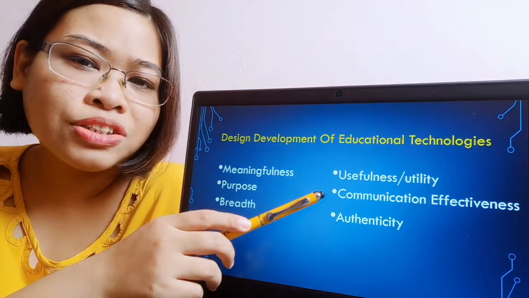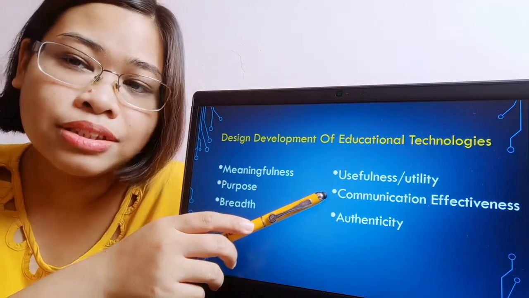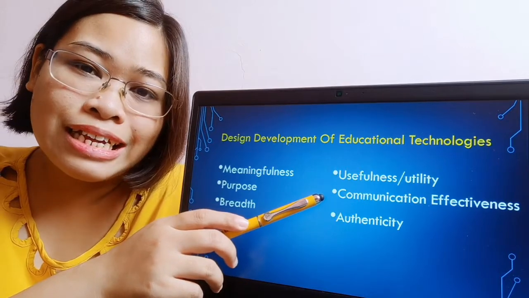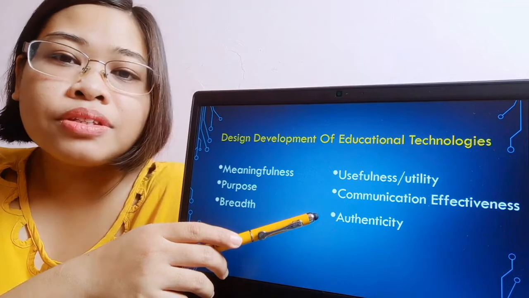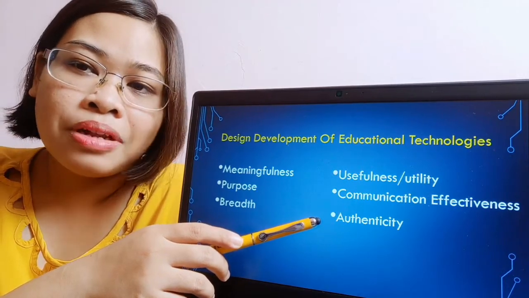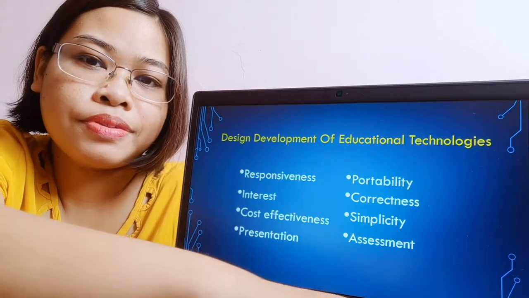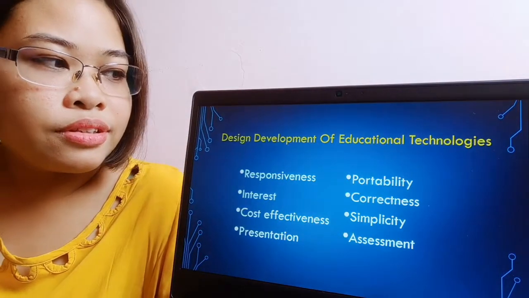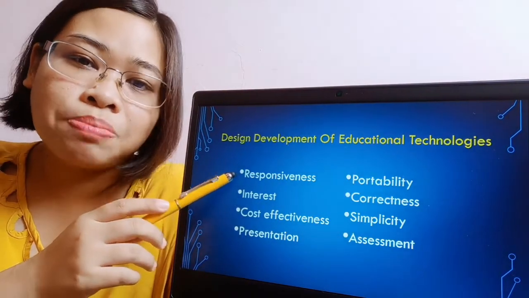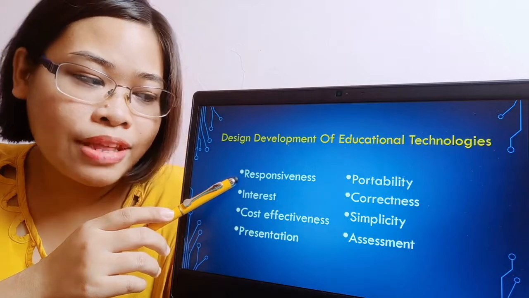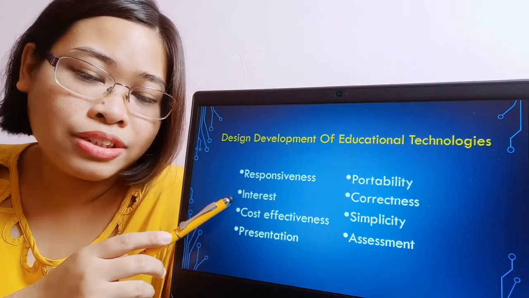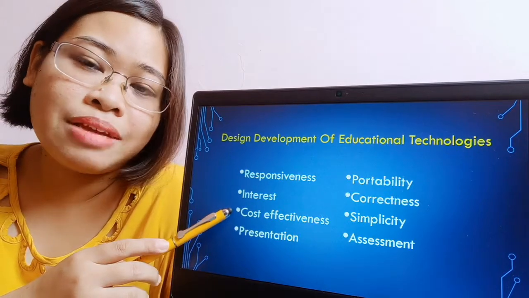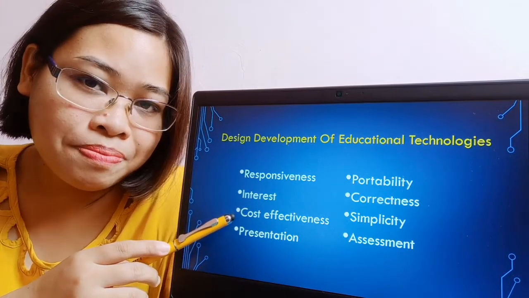For communication effectiveness, they should be clearly delivered. For authenticity, they should be reliable and up to date. They should also be responsive to the needs of the society. They should catch the interest of the learners, and they must be cost effective.